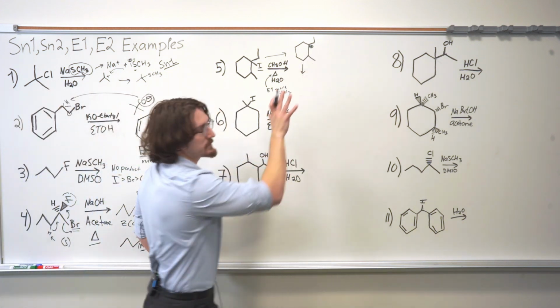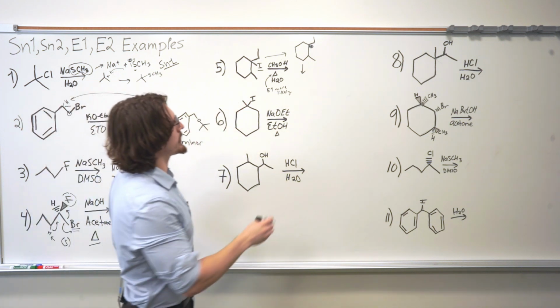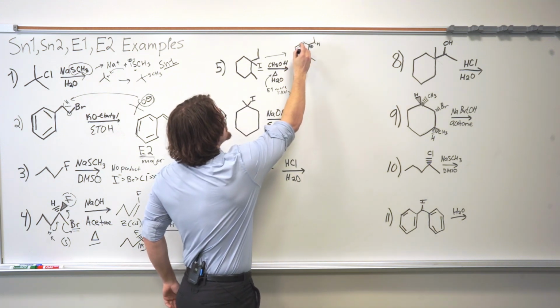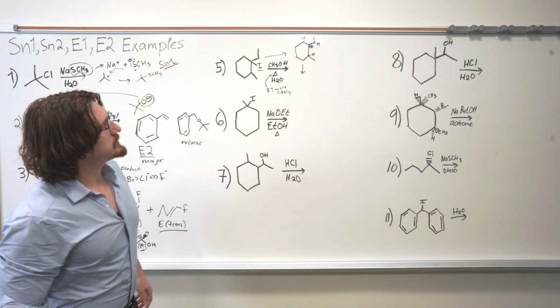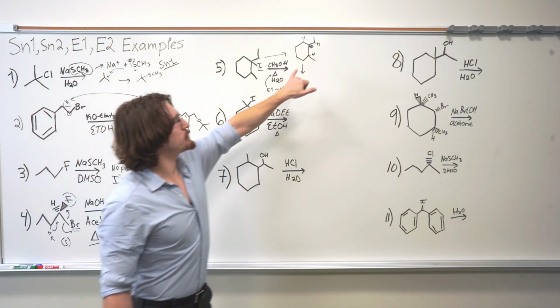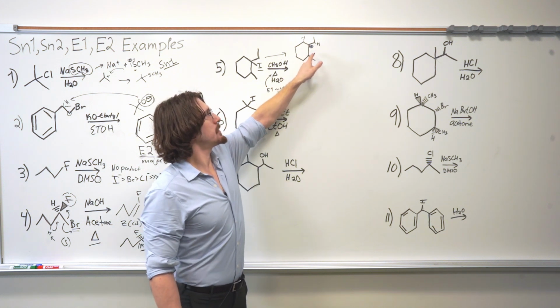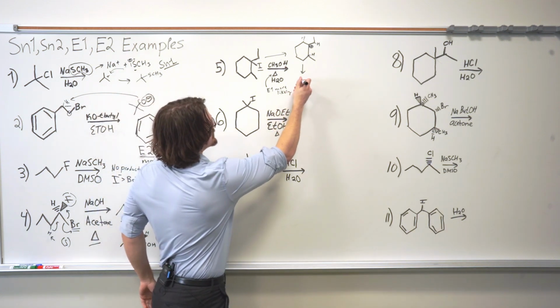Notice that we want to identify the hydrogens that can be taken on carbons adjacent to the carbocation. So there's one here, right? There's going to be one here, and then there's one here. And notice that if we take this one here, then the double bond forms between these two carbons, and those carbons are the most substituted ones. So that's ideal. That's going to be the Zaitsev one. Okay.